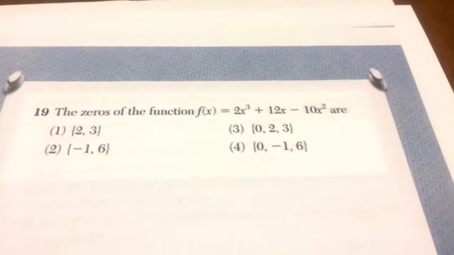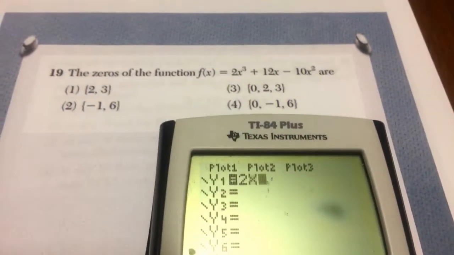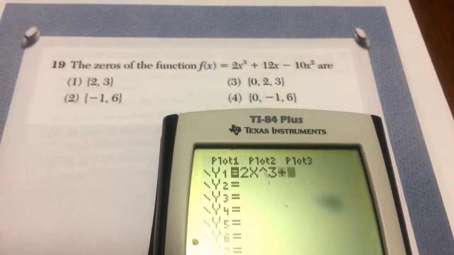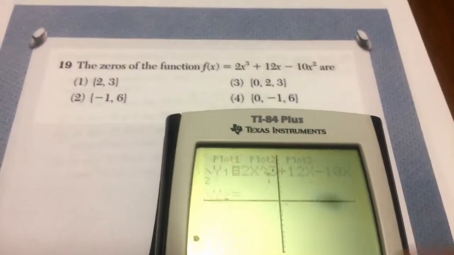The zeros of this function are, now I'm going to put this into my calculator, and then I'm going to look to see where this graph crosses the x-axis.